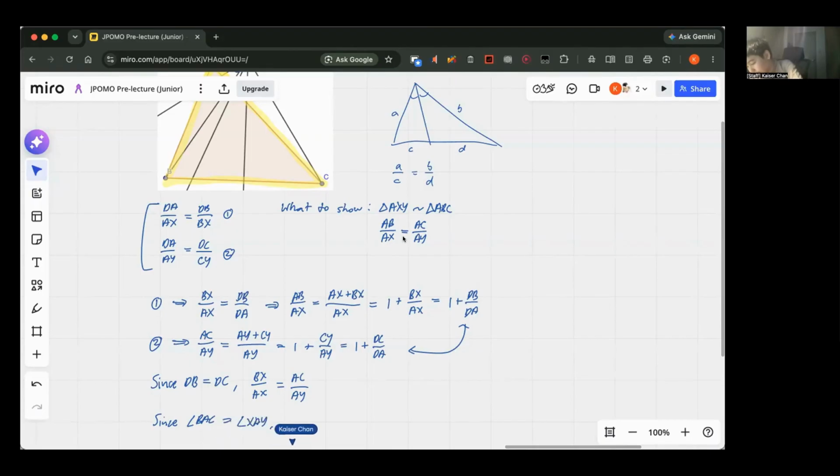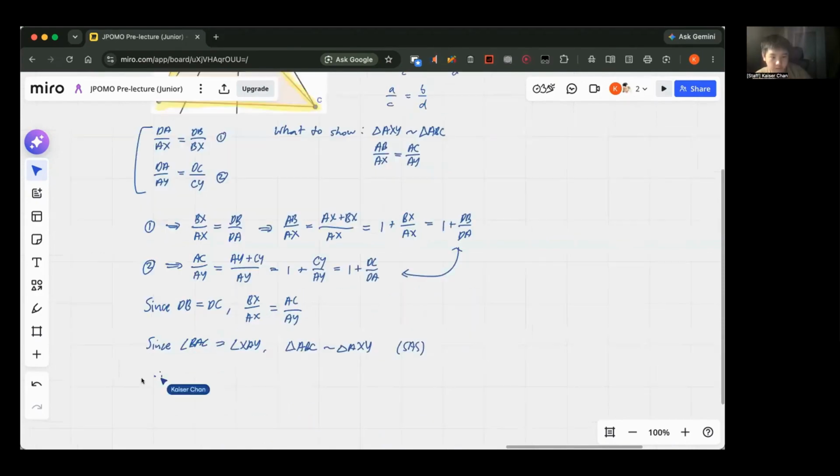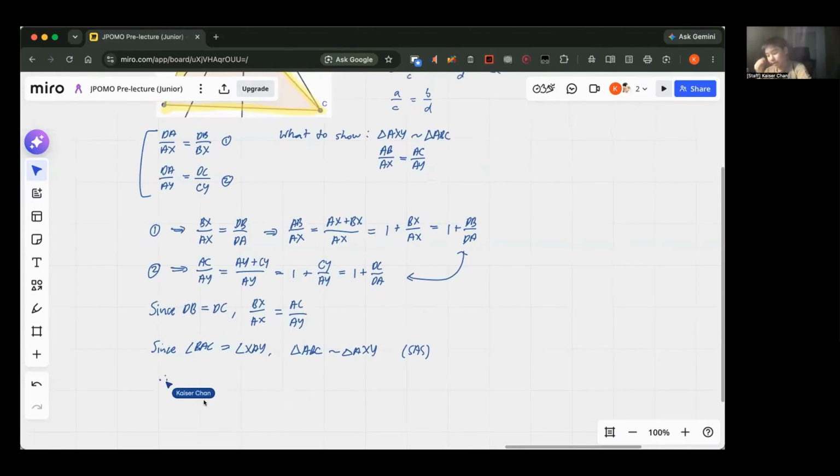We have triangle ABC is similar to triangle AXY, by SAS similarity. And therefore, this is the therefore symbol over here. Therefore, we have angle AXY equals angle ABC. And so XY is parallel to BC, which is what we wanted to show.